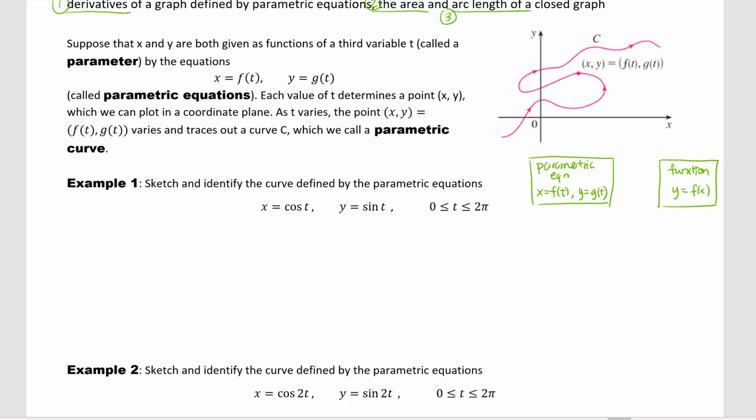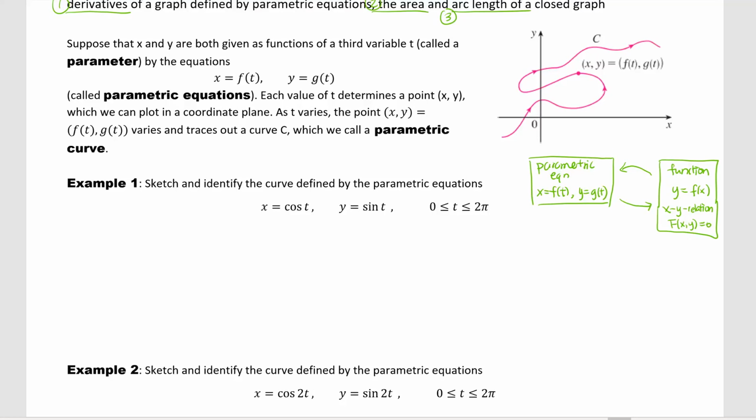So given parametric equations, how do you get a function? Or sometimes we might not have a function, then think about an xy relation, which is an equation involving x and y. Given parametric equations, how do we get a function or xy relation? Or given a function between x and y, how do we get parametric equations? So let's figure this out.